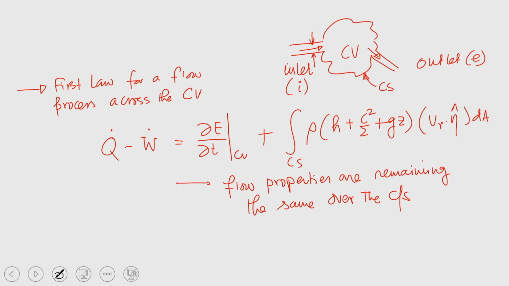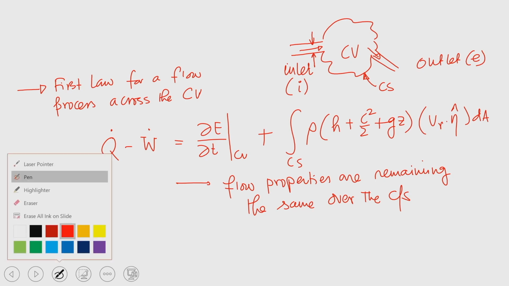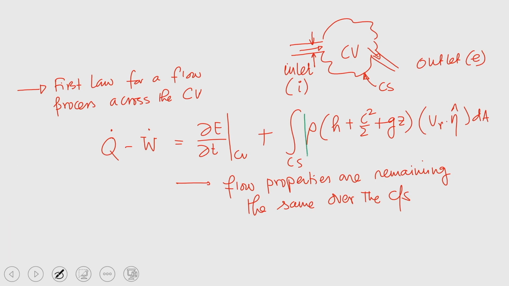Now, taking this assumption, we could arrive here. If I use this part, basically you know that rho Vr dot eta cap dA is the mass flux, which is multiplied by this term.